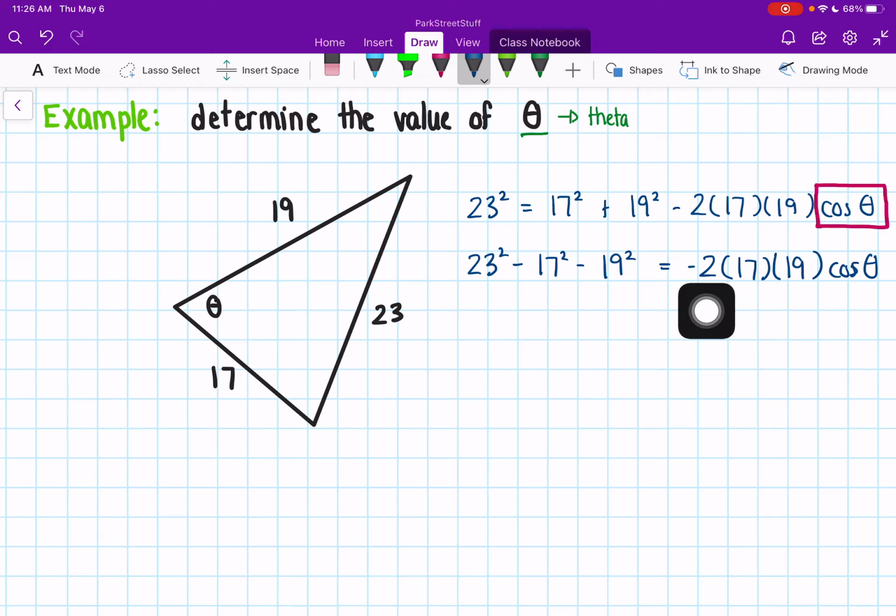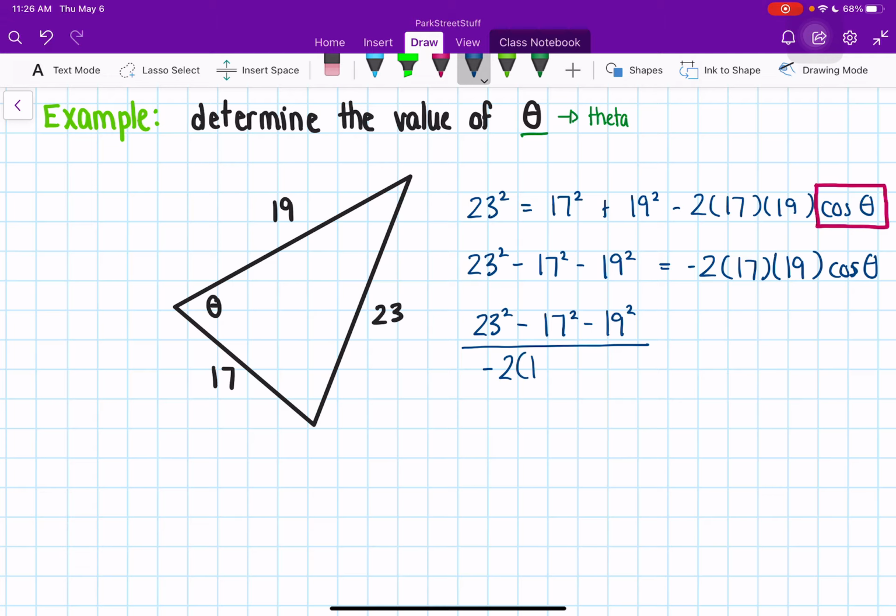And now this negative 2 times 17 times 19 times cos theta, all of that is being multiplied. So in order to isolate, we have to divide. And remember, you're dividing by a negative, so you need to have that negative there.